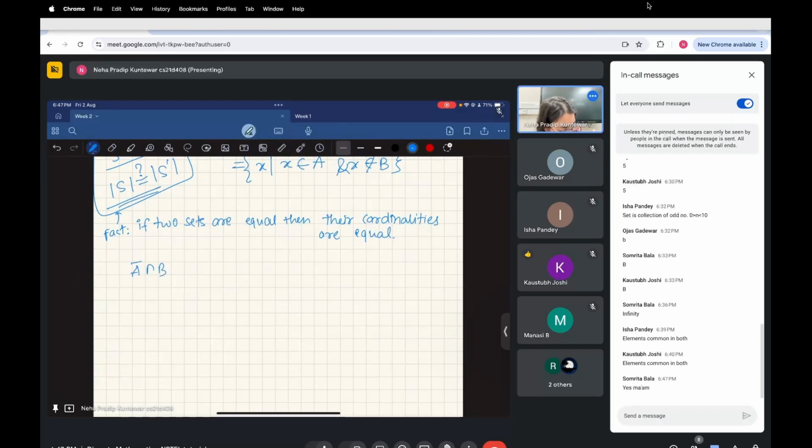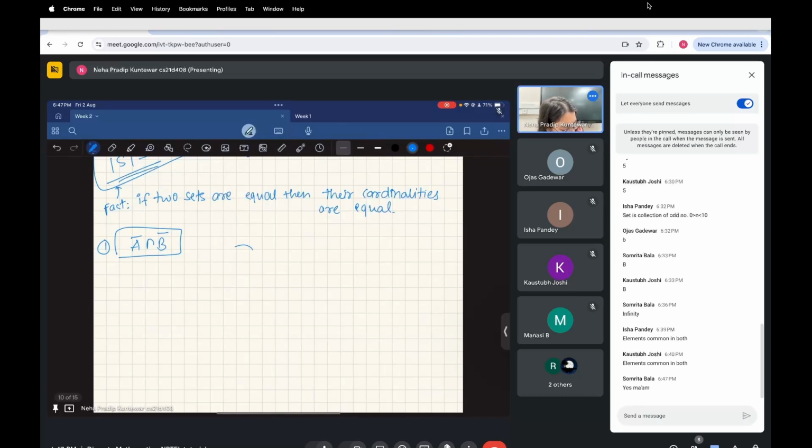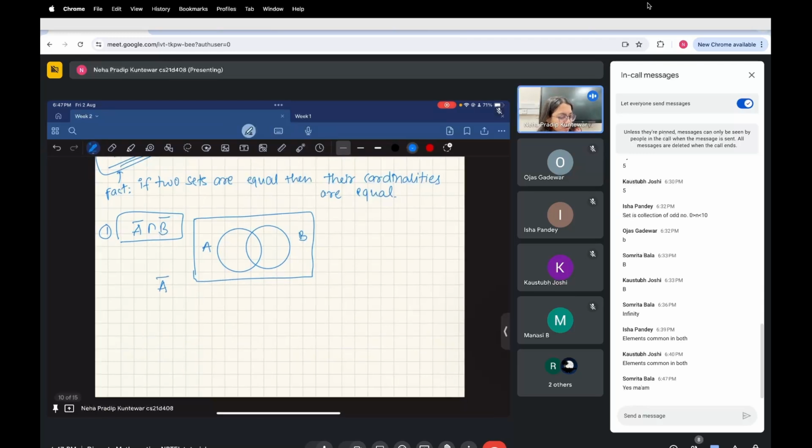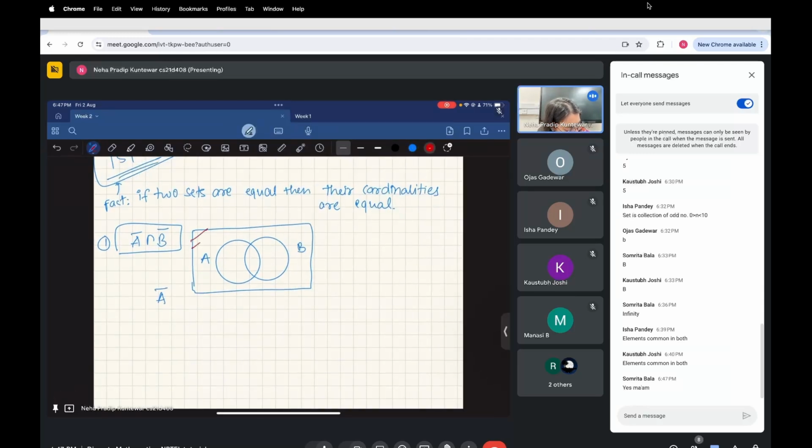Okay, so let's try to draw what A bar intersection B bar looks like. A bar would be everything that is outside this area, or outside this set A. Let's try to understand what B bar looks like. Anybody, what would B bar look like?